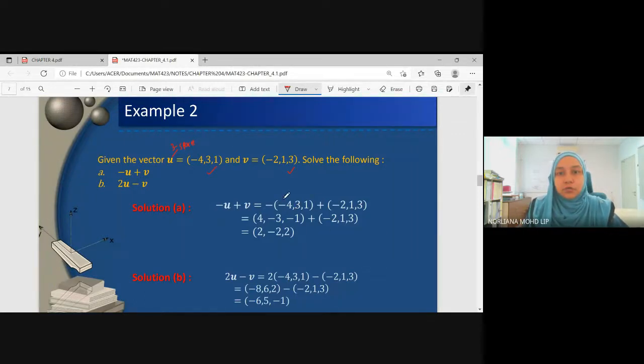You have to find the negative of u. So negative of u is 4, negative 3, negative 1. And then plus v. So it will have 4 plus negative 2 is 2, negative 3 plus 1 is negative 2, negative 1 plus 3 is 2.